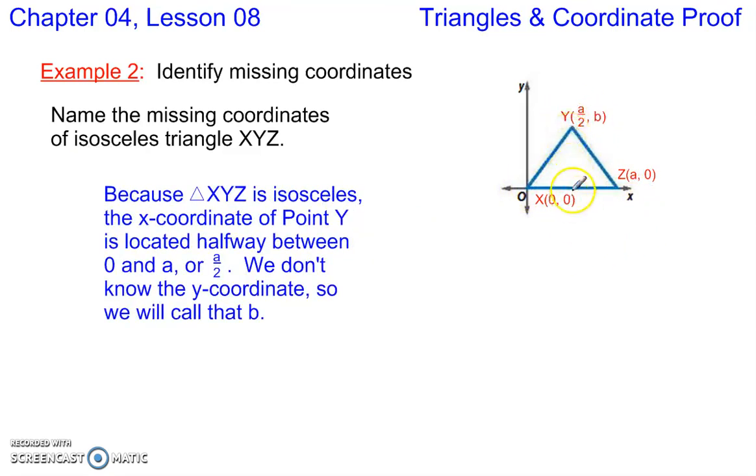So it's halfway since it's isosceles. So halfway to A, so A halves, and then we'll just call this last coordinate B right here. Okay, so our y coordinate is B.